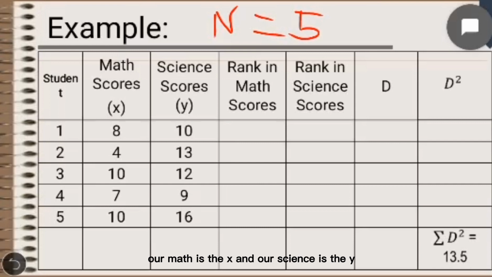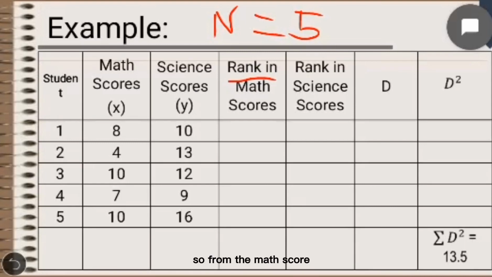Our math scores are the X and our science scores are the Y. So for us to know our Rx and Ry, the rank of our X and the rank of our Y, also known as our rank in math scores and rank in science scores, we have to rank them from the given scores.